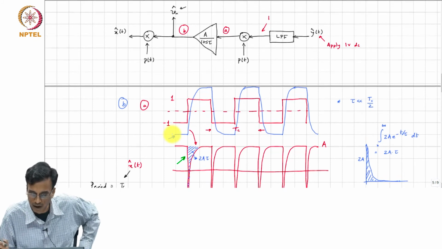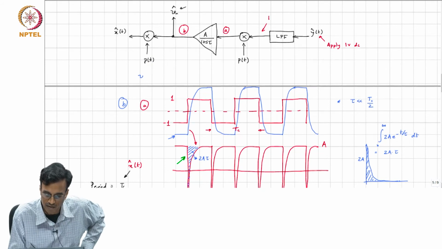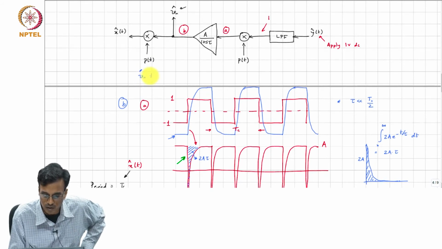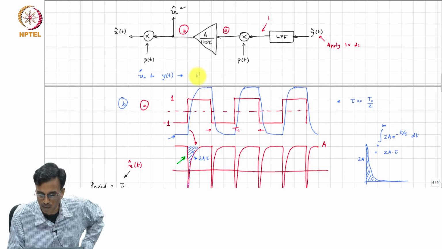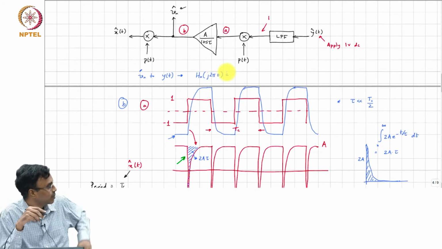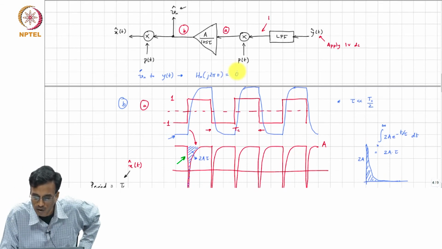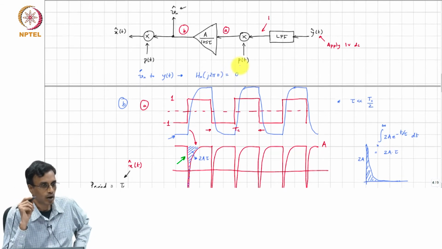So, as far as Vn to y of t is concerned in the original signal flow graph, what comment can we make about h 0 of j 2 pi 0? Average it is 0. That will simply be the DC value of this periodic waveform, and that is 0, and we knew that already, right.